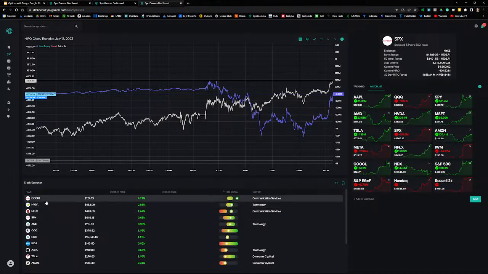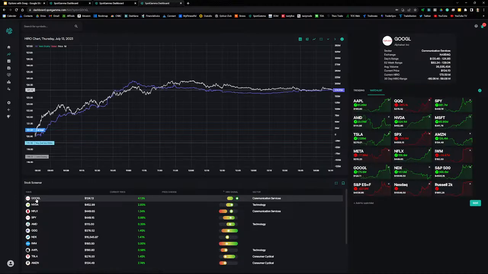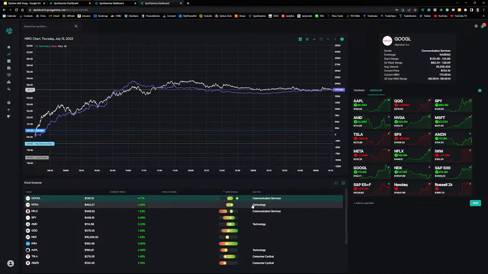So here's a good example, and this is a stock that I wanted to show, Google. This would have been a very good thing to look at, and I'm looking at this Hero signal for right now. I used to post this watch list in Discord, ranked by Hero signal, around 10 a.m. I've stopped doing that.